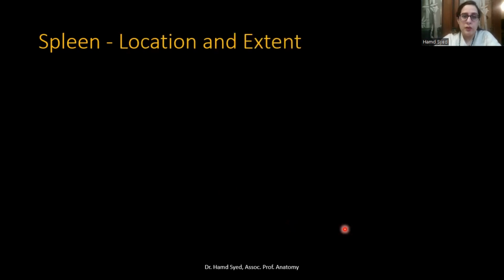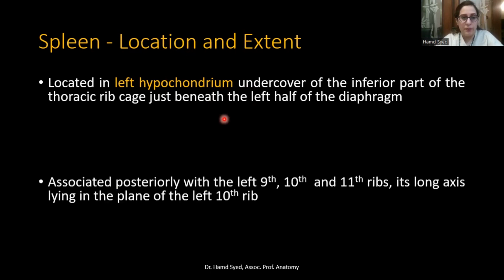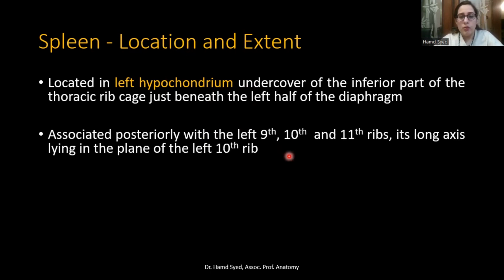Now, let's look at the surface anatomy. We should remember the region of the abdominal cavity in which the spleen is located is the left hypochondrium, under cover of the inferior part of the thoracic rib cage, just beneath the left half of the diaphragm. It is related posteriorly with the left 9th, 10th, and 11th ribs.